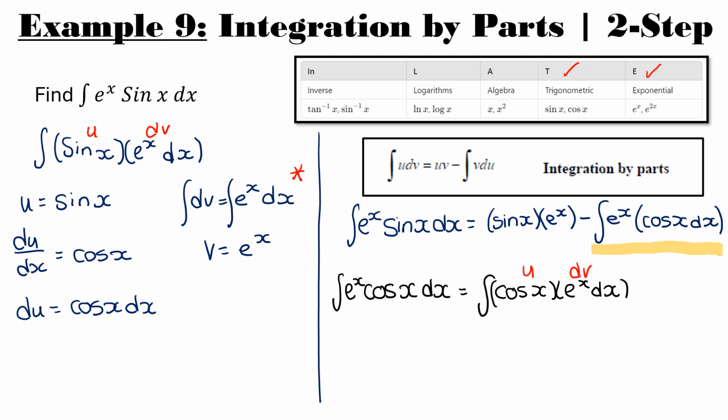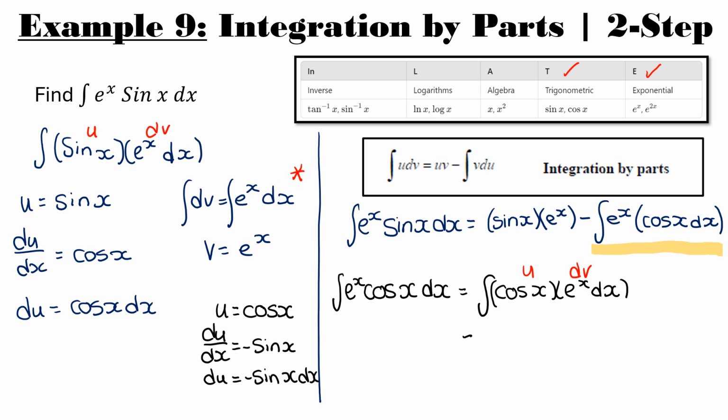I'm going to work in the different color over here. So I do know my u is cos x. This is for the second go. So du dx is minus sine x. So watch your signs there. And then du is minus sine x dx.